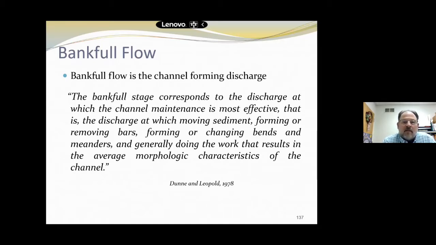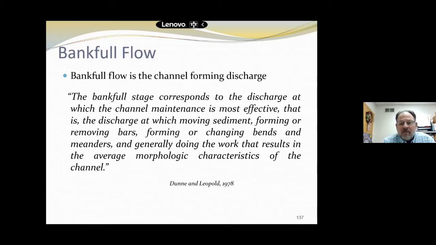It's that discharge at which things start happening and material starts moving and the channel starts morphing itself to what it wants to be in order to move sediment through a reach and to change and move itself so that it can actually create a morphological channel.